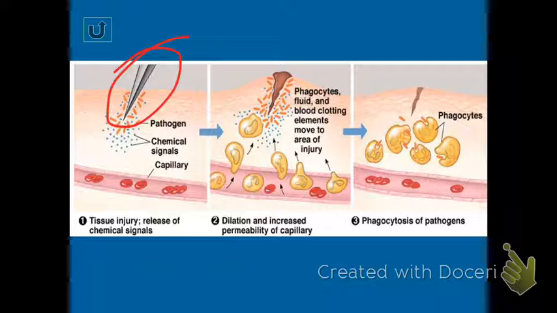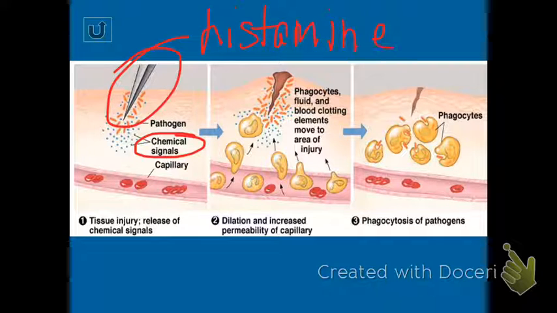Those cells that are nearby, they send out chemical signals. A lot of these cells are called mast cells that are all around your body, and the chemical signal that they send out is histamine. Definitely need to know about histamine. Histamine tells the capillaries nearby that they should dilate, and then they end up with increased permeability so that white blood cells can leave the bloodstream.